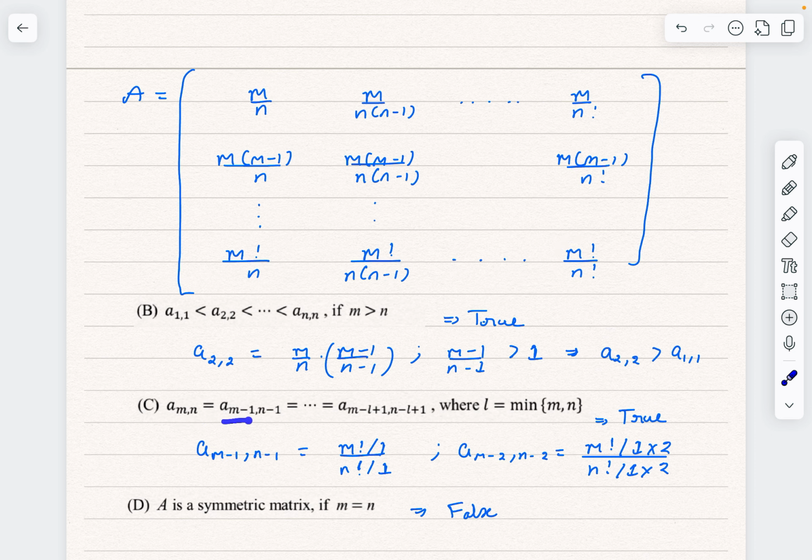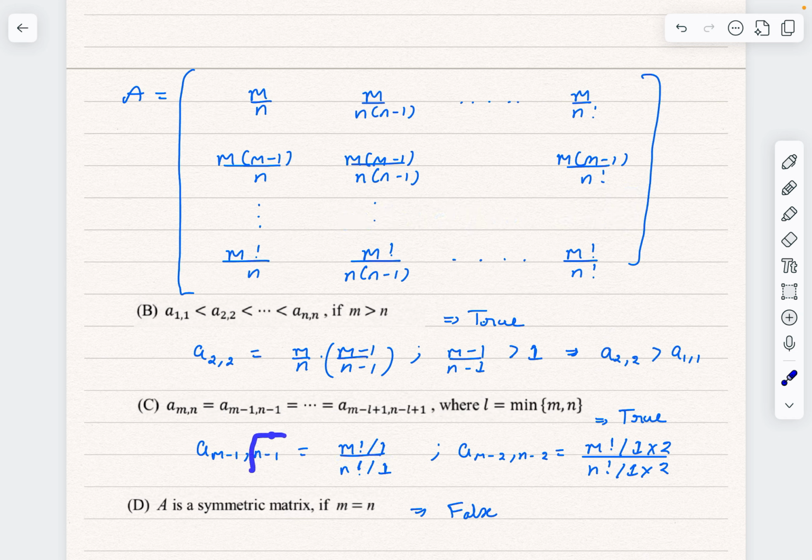In Am minus 1, n minus 1, you will differentiate the previous term m minus 1 times. So rather than having m factorial, we will not have the last term. Basically we're coming in this order, m minus 1 up to 2 into 1, so this last term will not be there. So I'll just say it is m factorial by 1, divided by n factorial by 1.